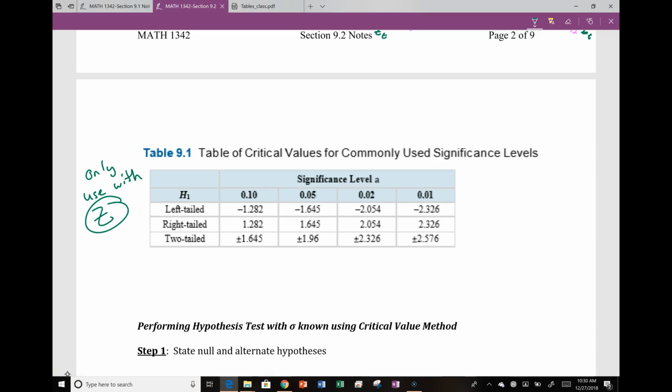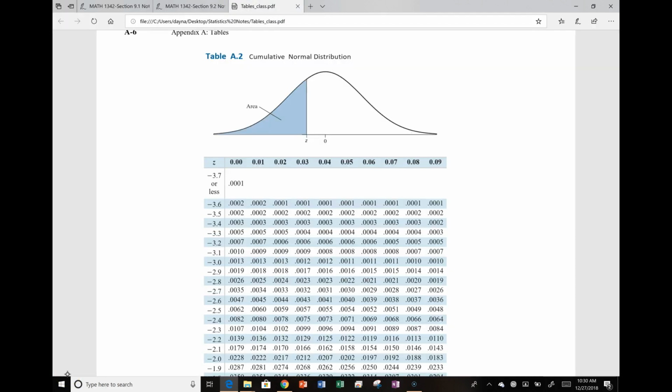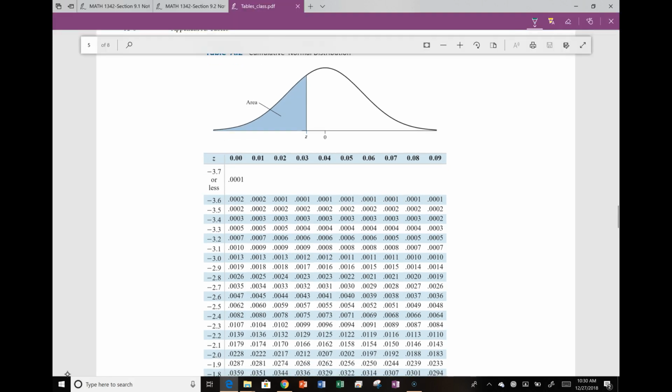So I just said I wanted you to practice looking up some of these critical values. Well, let's go over to the Z chart and see if we can figure out how to find these. Okay? So I want to look at a couple of examples, such as if alpha is equal to 0.02 for a left-tailed test. So in this particular case, we're looking up 0.02.